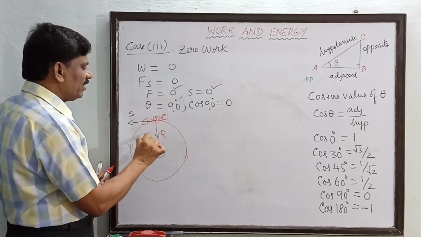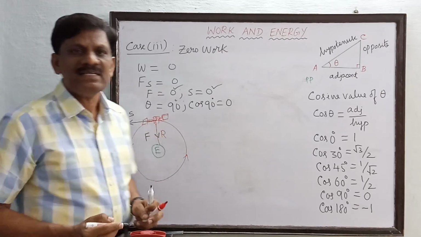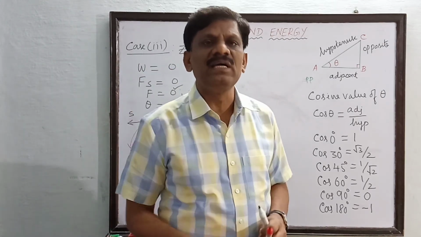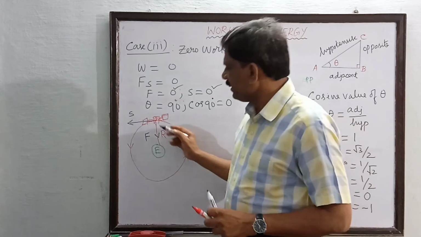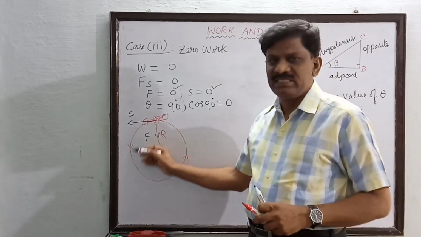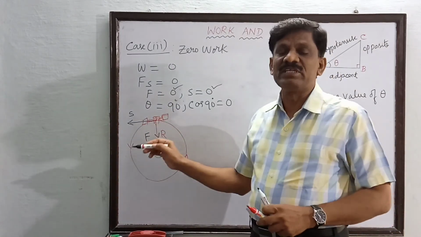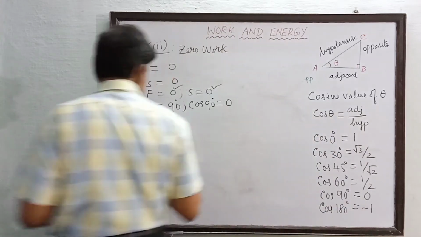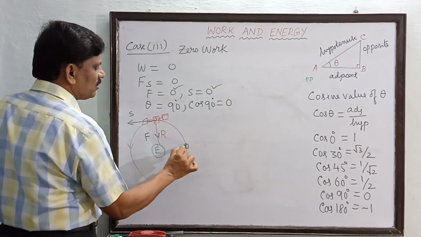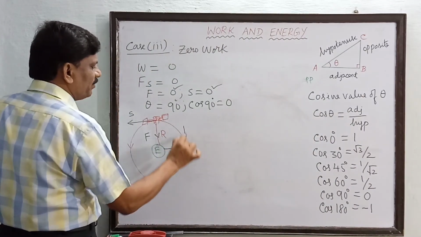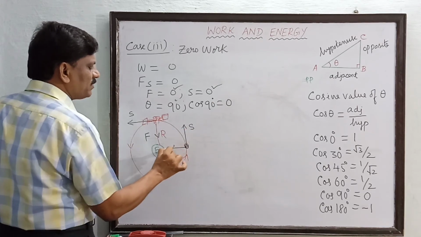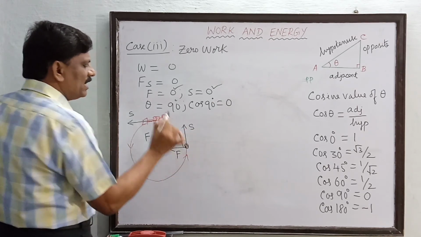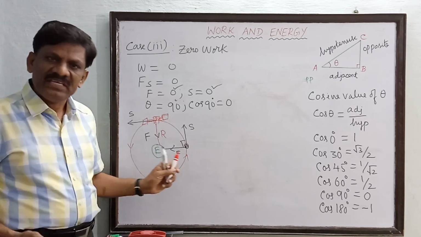This force will always be acting towards the center, that is here towards the earth. So at every point, whenever the satellite is changing its position, at that position if you draw a tangent, this will be the direction of the displacement, and this will be the direction of the force, which are always perpendicular to each other.